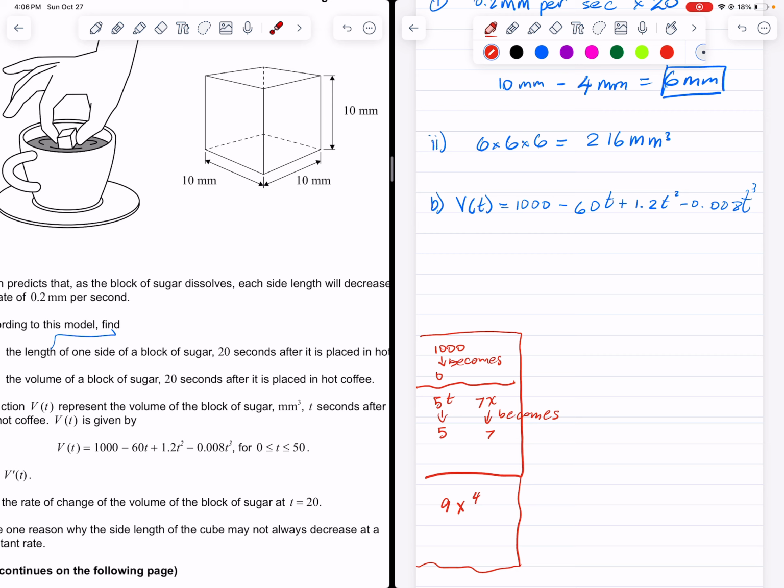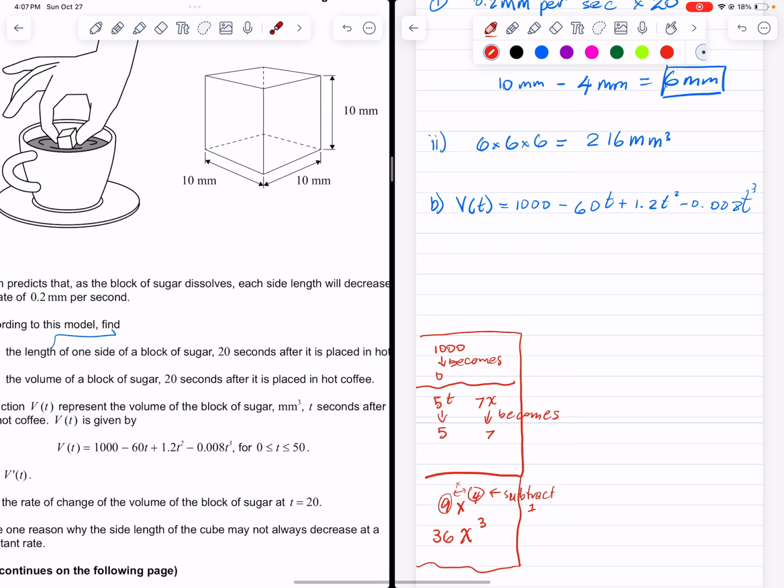Whenever you're differentiating that, it has 2 steps. You multiply the coefficient and the exponent to get the new coefficient, so that would be 36 in this case. And then you subtract 1 from the exponent to get the new exponent, and that would be 3 in this case.